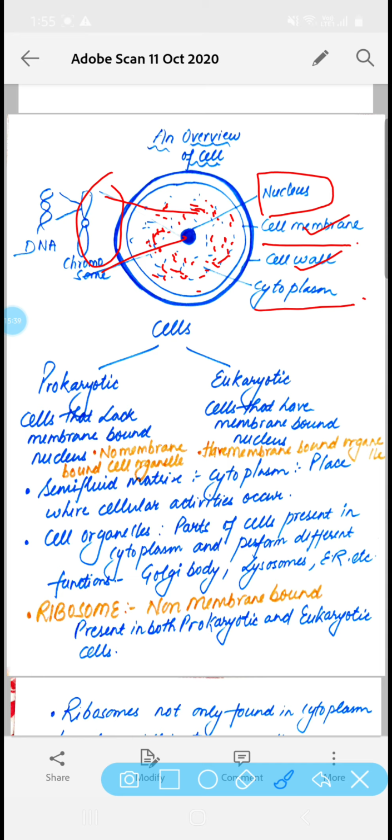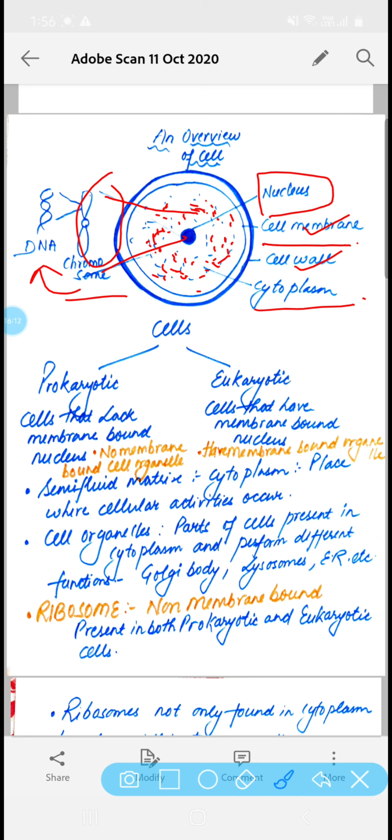These chromosomes carry the DNA, or we can say the genetic material, which transfers from one living organism to another. So the nucleus is the place where the chromosomes are present, and on the chromosomes the DNA is present, which contains the genes that transfer from one generation to another. So this is the structure of the typical cell.